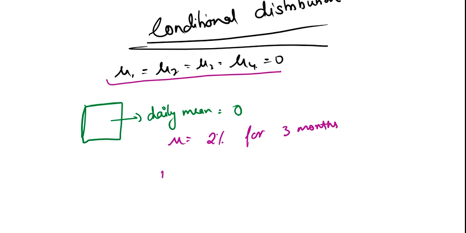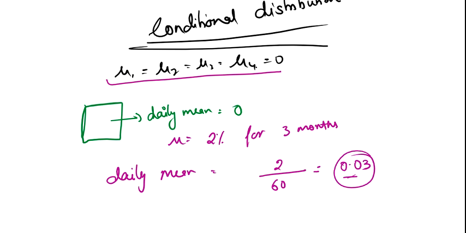Now you want to find out the daily mean. So how will you find out the daily mean for the 3-month period? You need to divide it by 60. So the value is going to be 0.03. So you can see the value is close to 0.